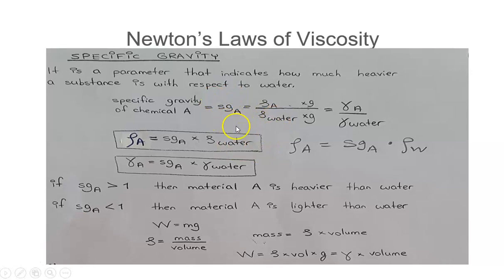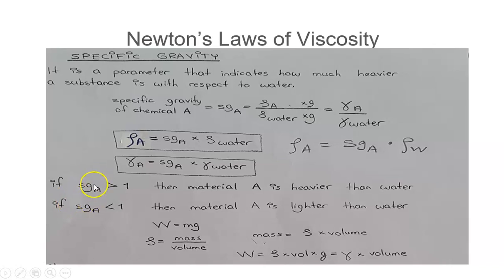Again, if we take SG_A, the specific gravity of A, and equate it to the specific weight of A with respect to the specific weight of water, we are left with the specific weight of A equals the specific gravity of A multiplied by the specific weight of water.